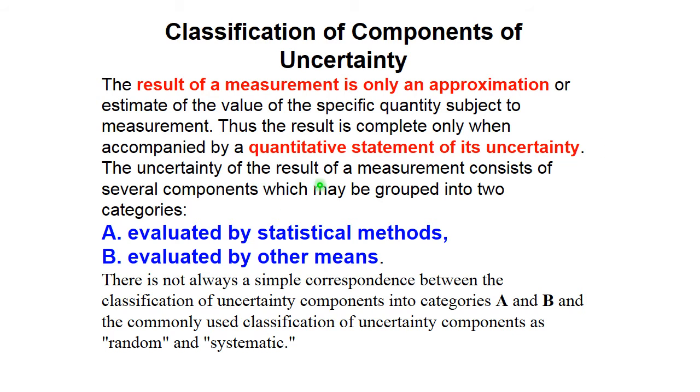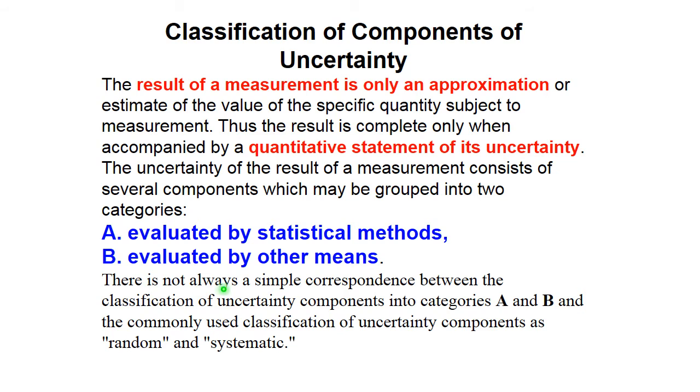The uncertainty of the result of a measurement consists of several components which may be grouped into two categories. Type A, evaluated by statistical methods. For example, standard deviation, we'll look at it later. And type B, evaluated by other means.